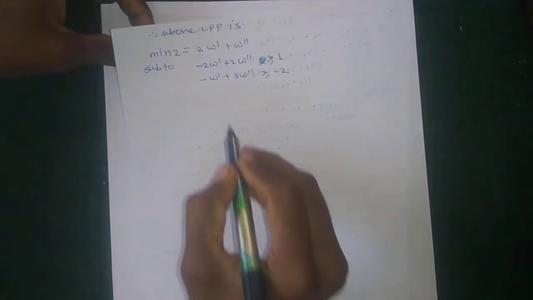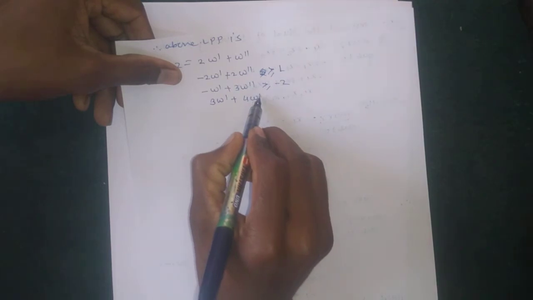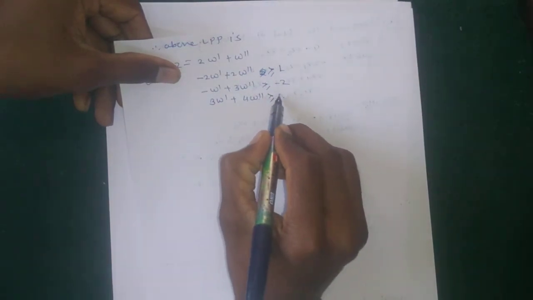And the third constraint is 3w dash plus 4w double dash greater than or equal to 3.